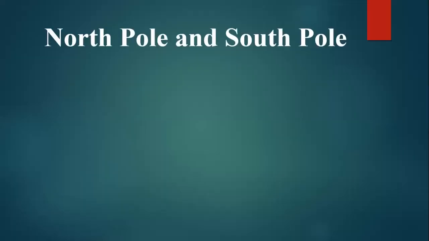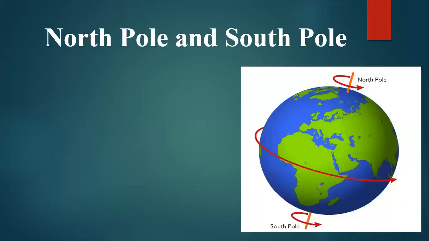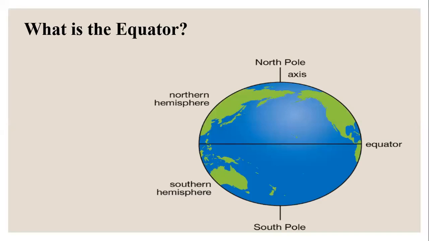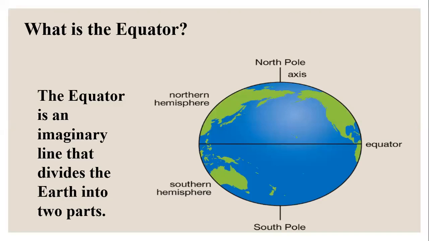Students, do you know Earth has two poles, North Pole and South Pole? What is the equator? Children, the equator is an imaginary line that divides the Earth into two parts from east to west. Do you know that the countries that lie near the equator are very hot?